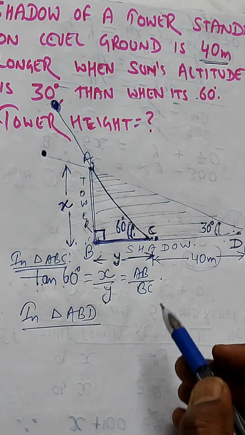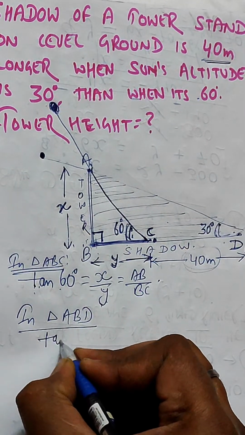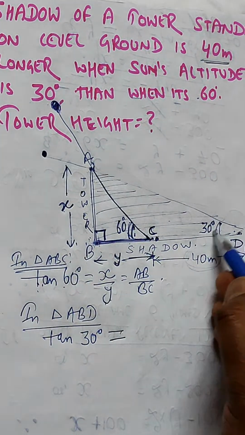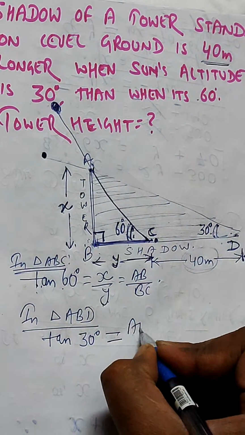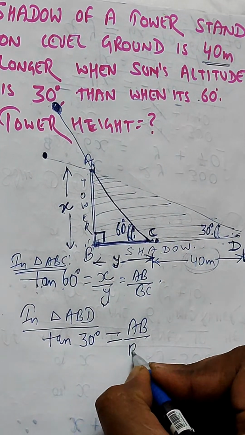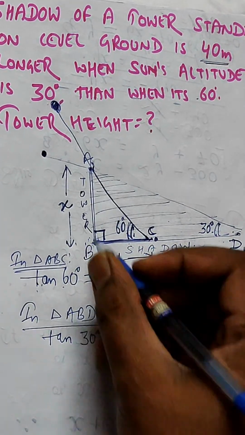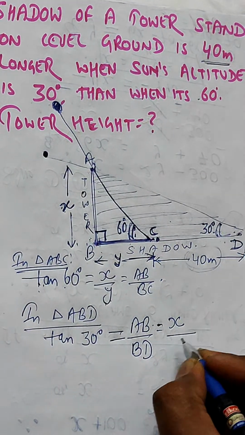So in triangle ABD, tan 30 degrees will be equal to AB by BD, and AB is the tower length, which is x. So just put x divided by BD.